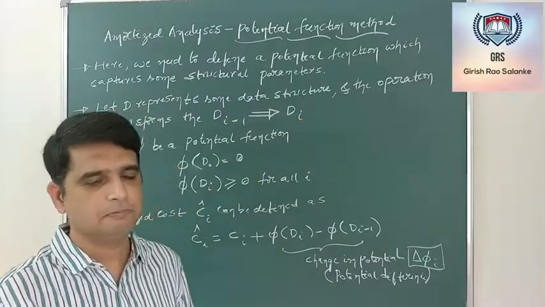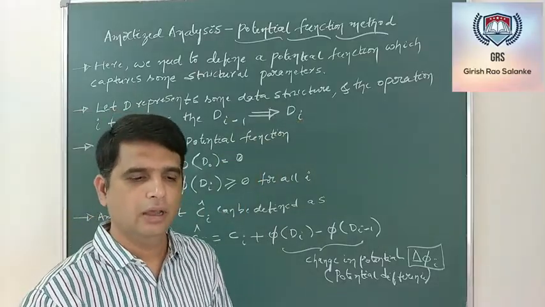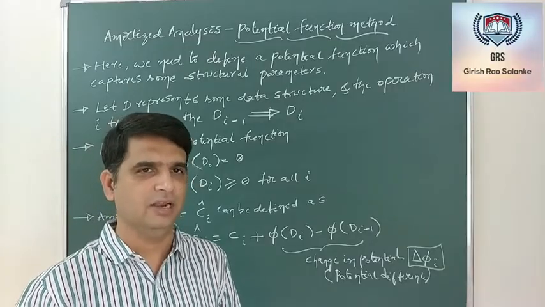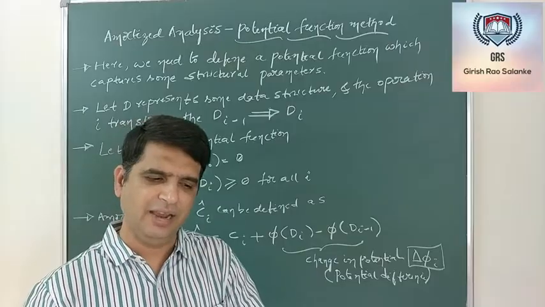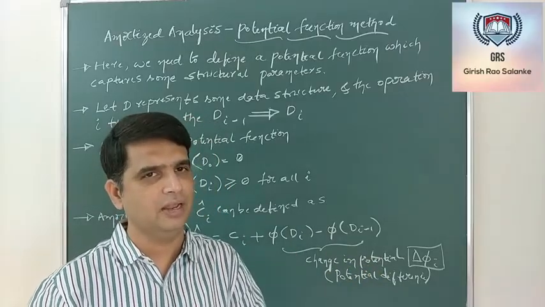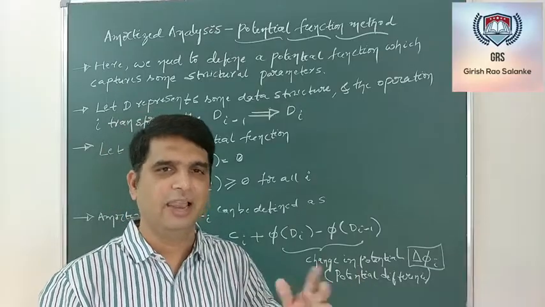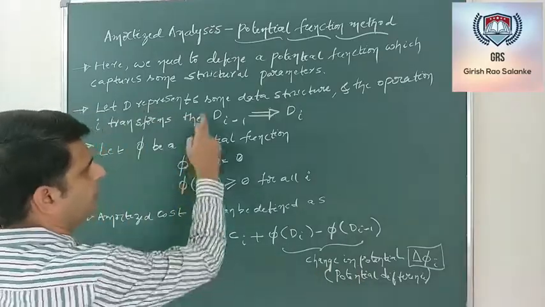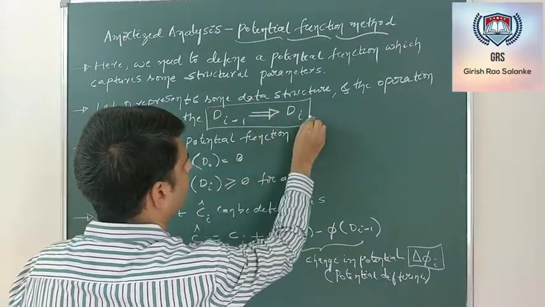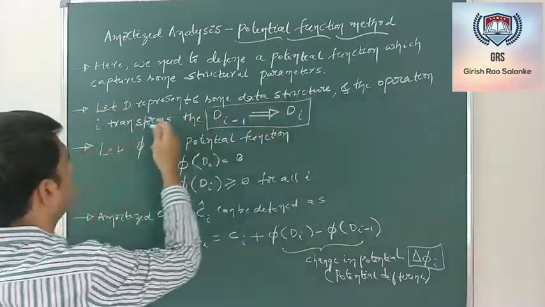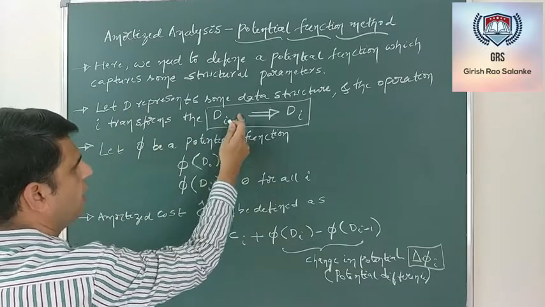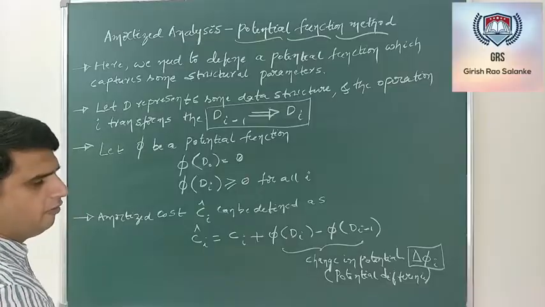So this is what it means: whenever we perform some operation on a particular data structure, the state of the data structure changes. In the sense, some of the structural parameters of that data structure change. Let it be denoted with this function, wherein performing a particular operation i on a data structure, D_{i-1} gets transformed to D_i.